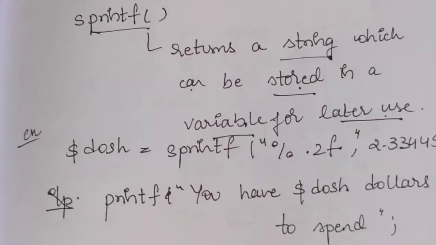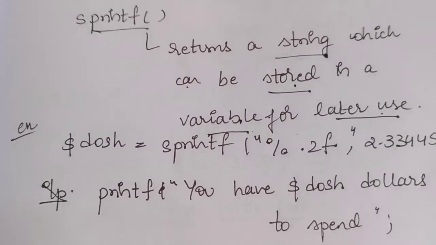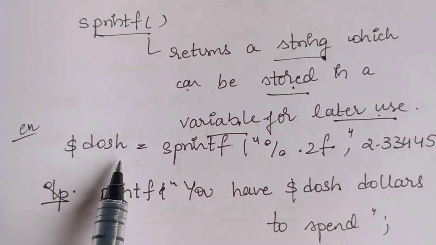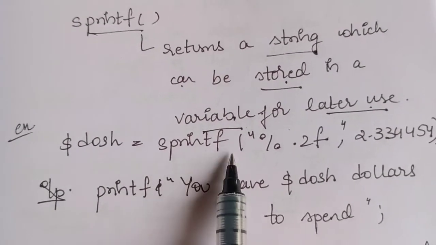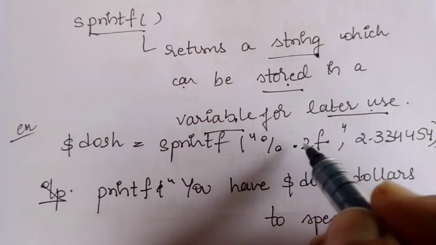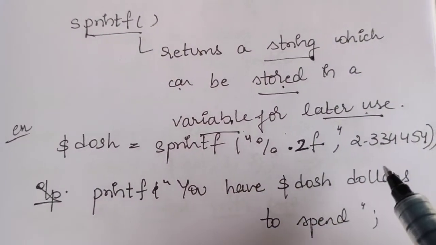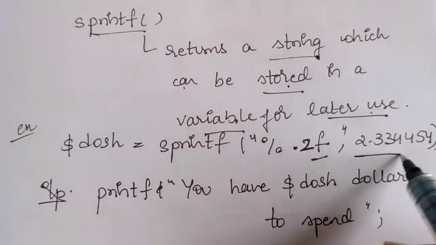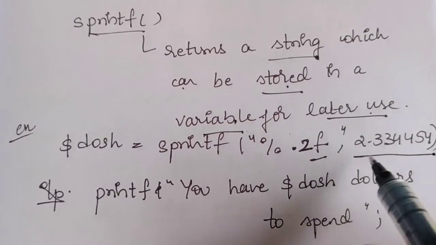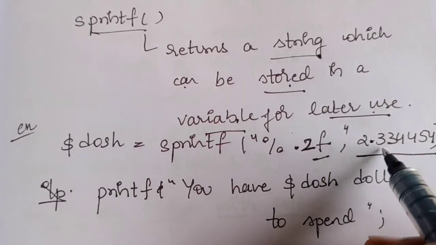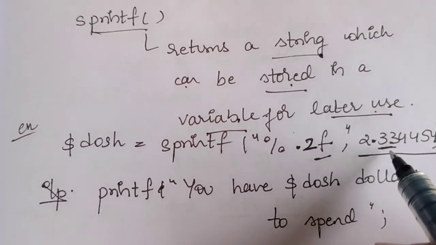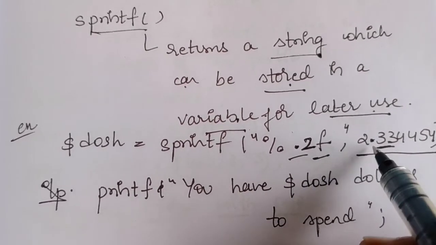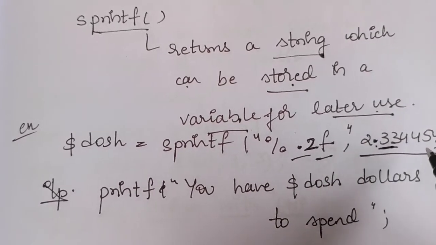Here you can see in this example, dosh is equal to sprintf with %.2f. That means here we are giving f for a floating point number, and after the decimal we have to take only two values.